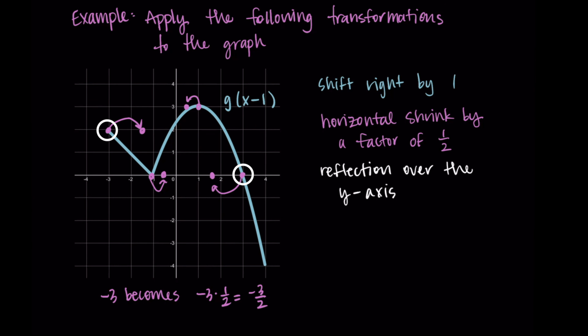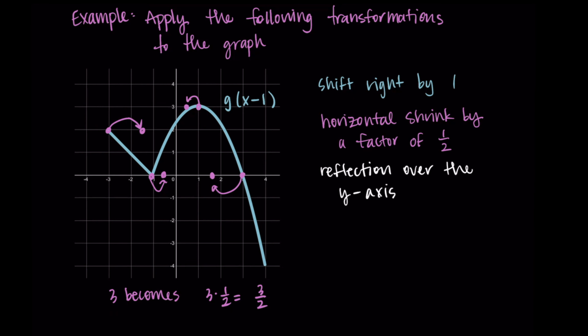So if we have -3 and it gets multiplied by 1/2, this is now -3/2. So that point that was at -3 is now going to be at -3/2, 2. So we take whatever it was and shrink it horizontally by a factor of 1/2. Same happens for the +3 point. That now becomes +3/2, and so we're shrinking it horizontally.